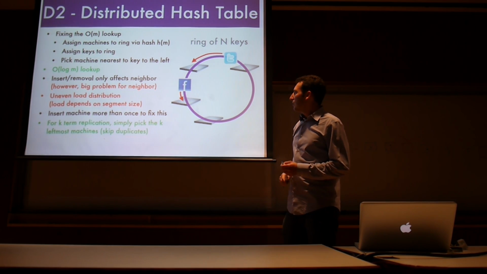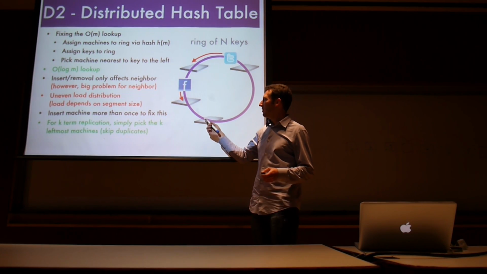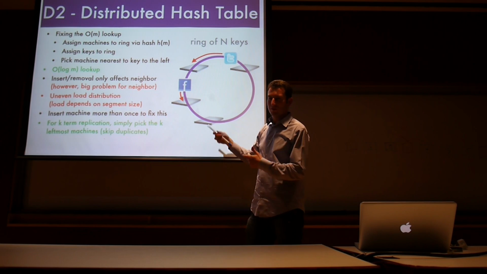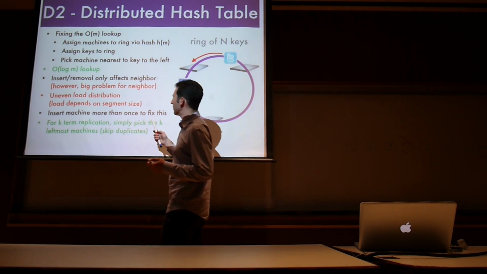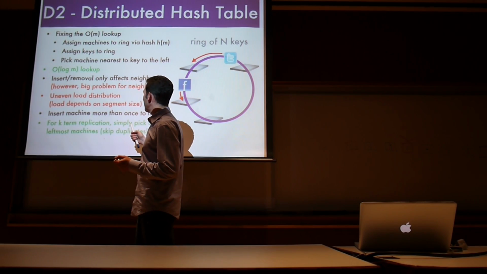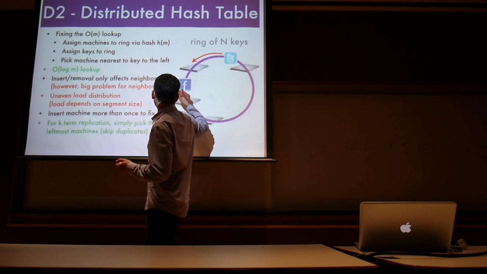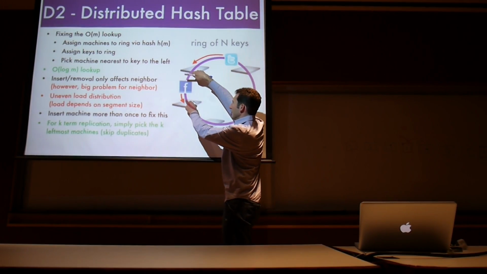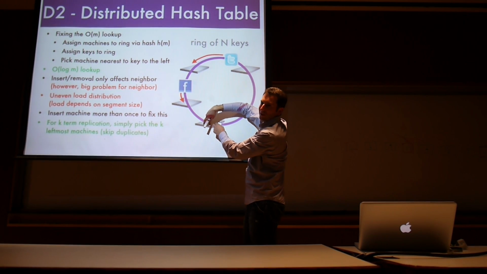Now, the good thing is, in this case, my lookup is going to be order log number of machines. Just standard dictionary deployment. That's good. The downside is that if I lose one machine, then all the keys that were stored here have to move over to this machine.